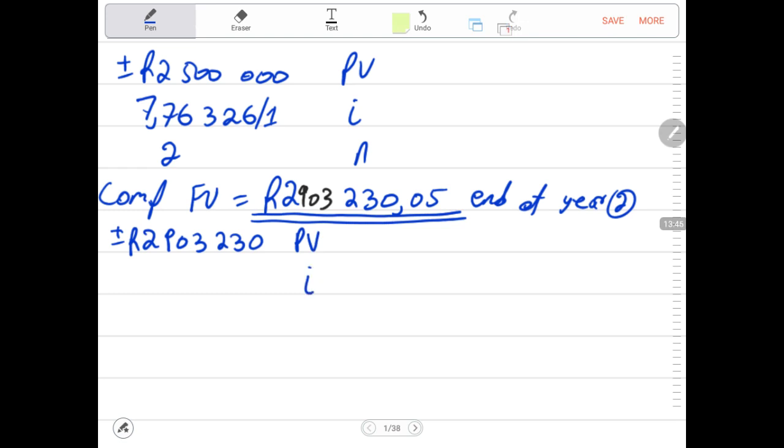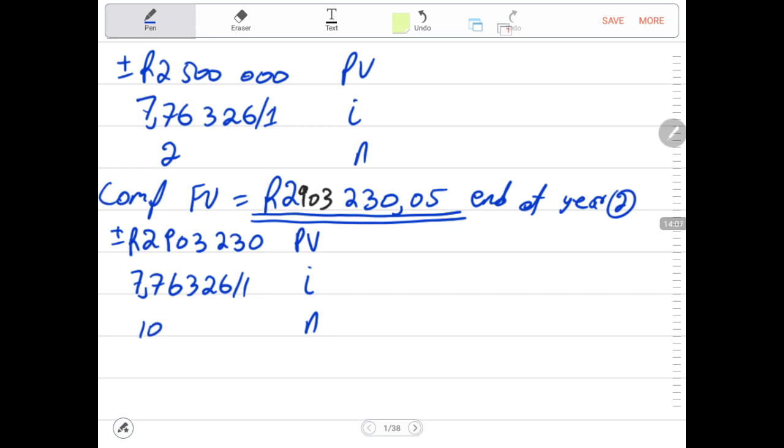Now we are looking for the interest, which we know is 7.76326 compounded annually, and our N will be 10 because the farmer wants to make 10 annual payments.